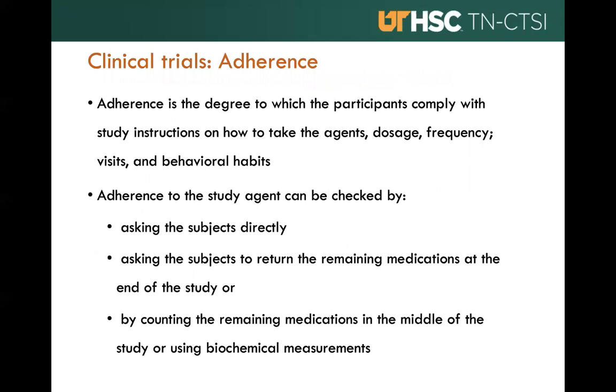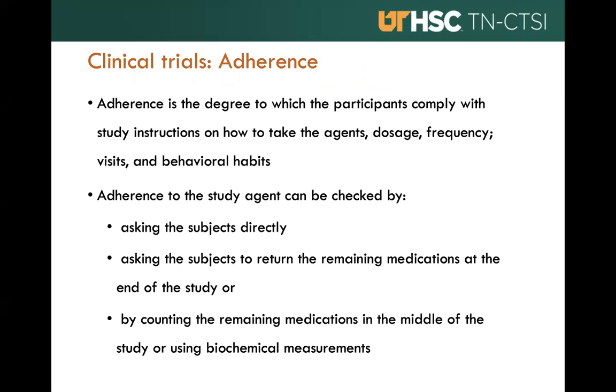Another attribute that we need to describe in clinical trials, especially after the study has been conducted, is adherence. Adherence is the degree to which the participants comply with the study instructions on how to take agents, dosage, frequency, visits to trial centers, and behavioral habits.